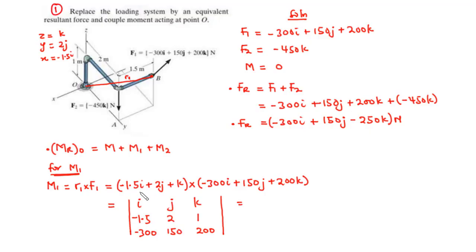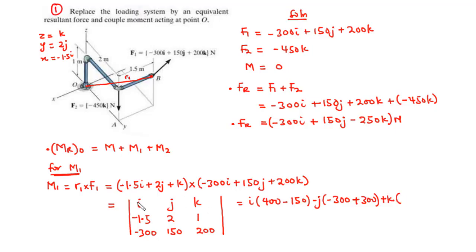Let's solve this together. So we pick i, we cancel out the row and column containing i. We have 200 times 2, that is 400, minus 150 times 1 is still 150, so minus j. We pick j, we cancel out the row and column containing j. 200 times negative 1.5 is negative 300, minus negative 300 times 1 is negative 300, so it becomes plus 300, and then plus k.